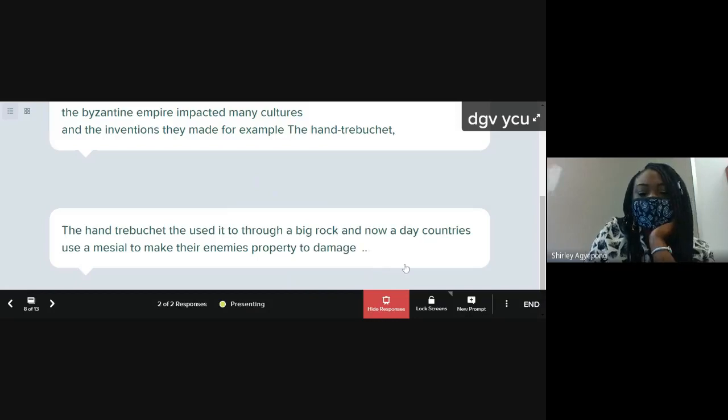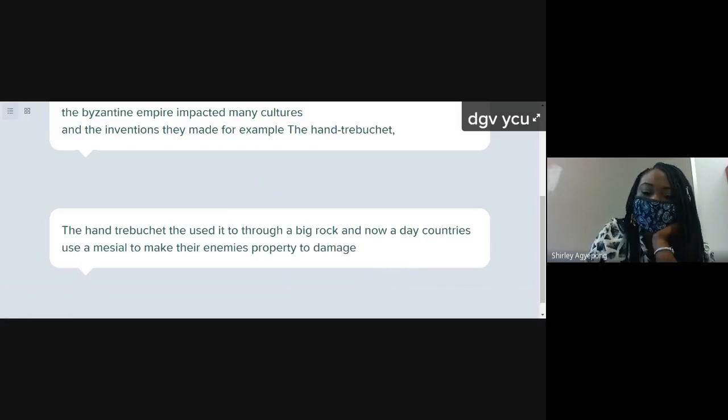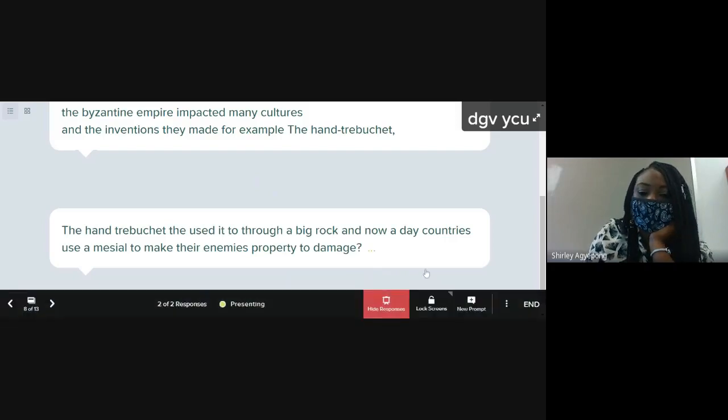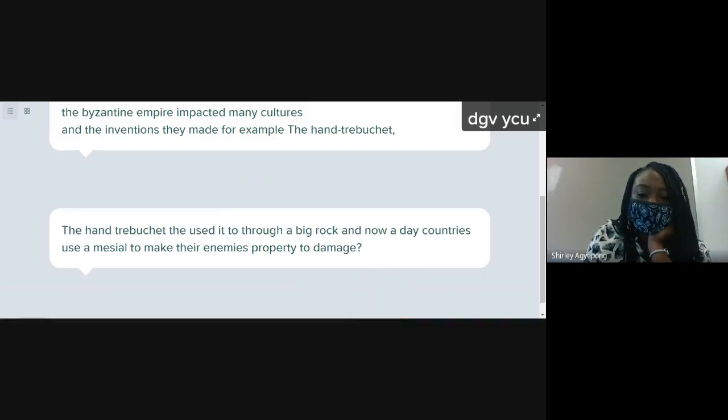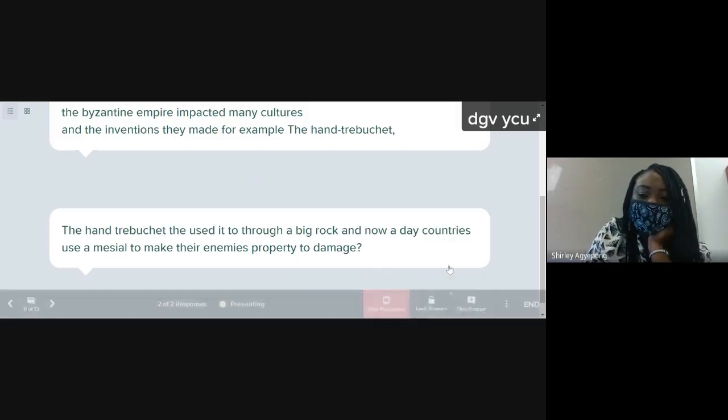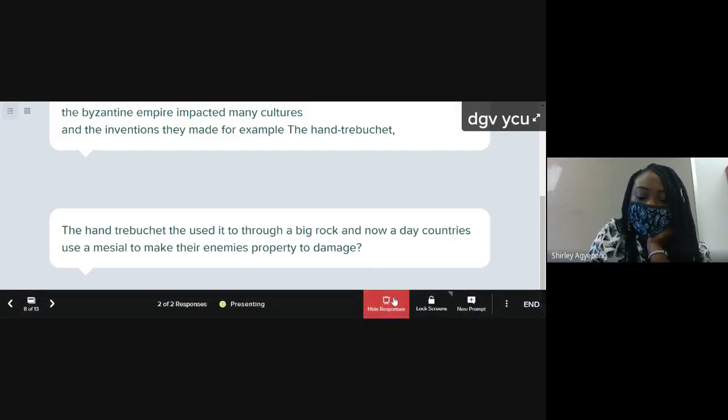That is right. That is completely right. The idea is to not be so close to the enemy and still be able to attack them. So then it was the hand trebuchet, now it's missiles. You throw it to where the enemy is located to destroy their property and hopefully destroy everything else that they are using to attack your end. I love your answers, very good answers. All right, so let's move on to the next slide.